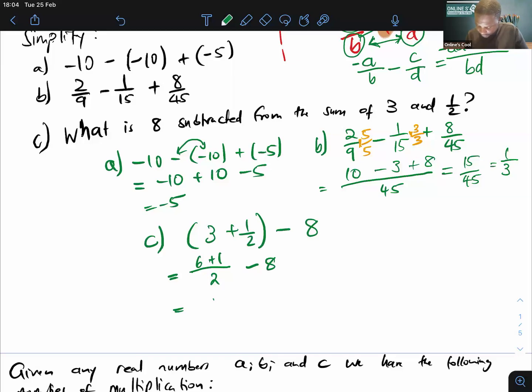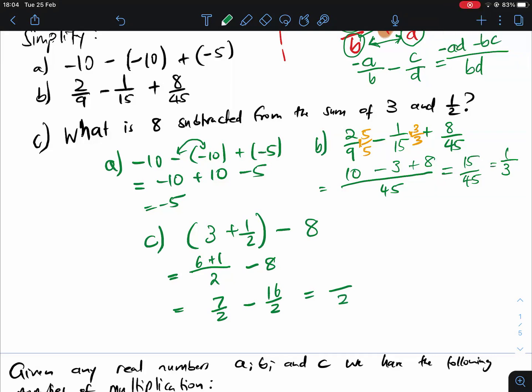So I only have 7 over 2 minus 8, but the 8 I can write as 16 over 2. Do you guys agree? Yes. And then, what is 7 minus 16? Negative 11. I'm sorry, 9. 9 over 2. All right.